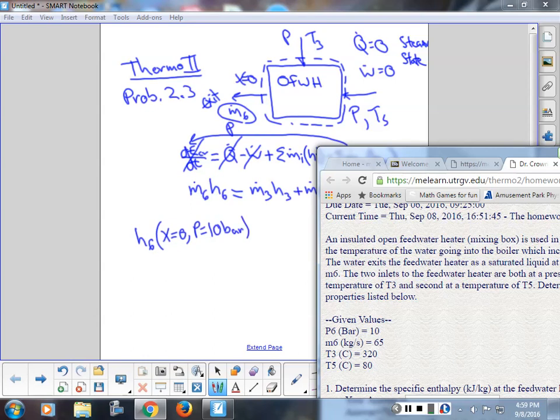But that's enough information. I go to the saturation tables, I look up saturated liquid at 10 bar, and I get hf is 762.81. Right, so hf at 10 bar, at P6. And that's equal to, so h6 is 762.81.